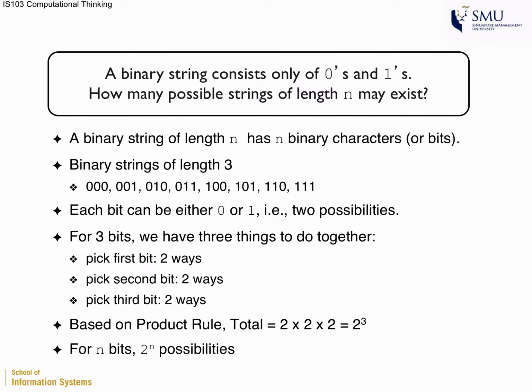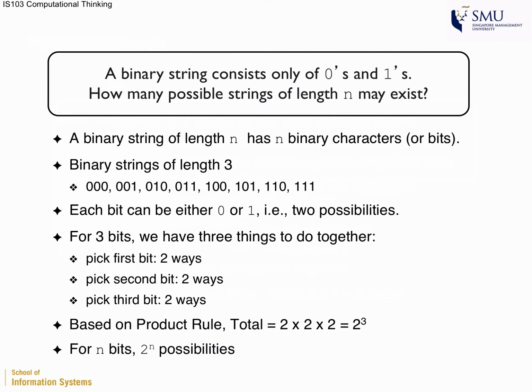So we can think of the problem in terms of having a slot for 3 binary digits: the first one, the second one, and the third one. For the first digit, we have 2 choices, because we can either pick a 0 or a 1. For the second digit, we can again have 2 choices, a 0 or a 1.